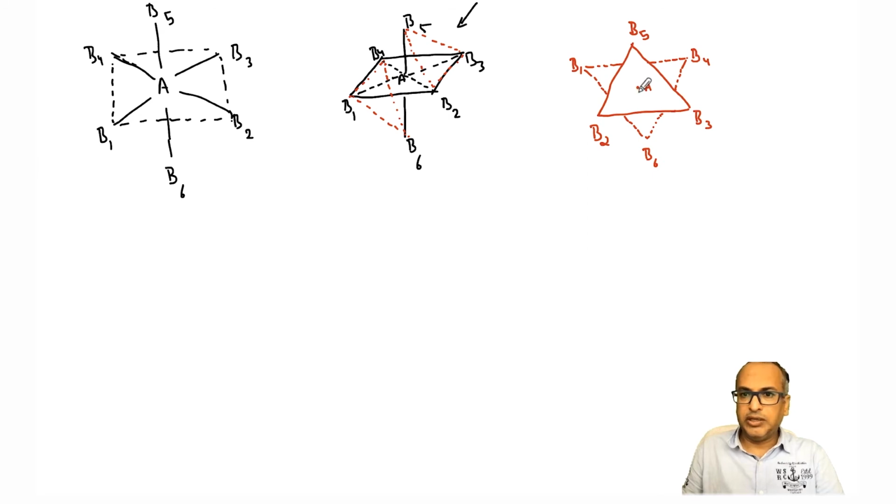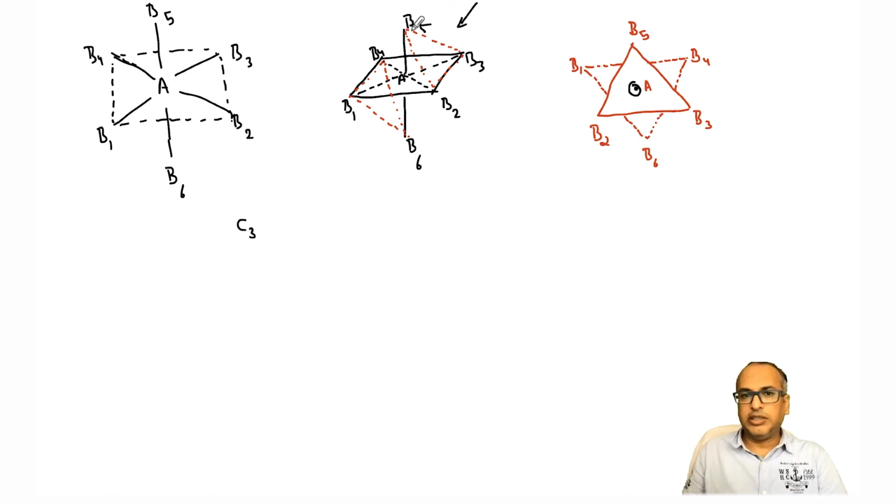Now you can see that there is a C3 axis which is passing through the centers of these two triangles, formed by B2, B3, B5 and B1, B4, B6, right? So that way we can say that there is one C3 axis. Similarly, if we try to identify how many C3 axes are present, that will depend on how many equilateral triangles we can make out of this.